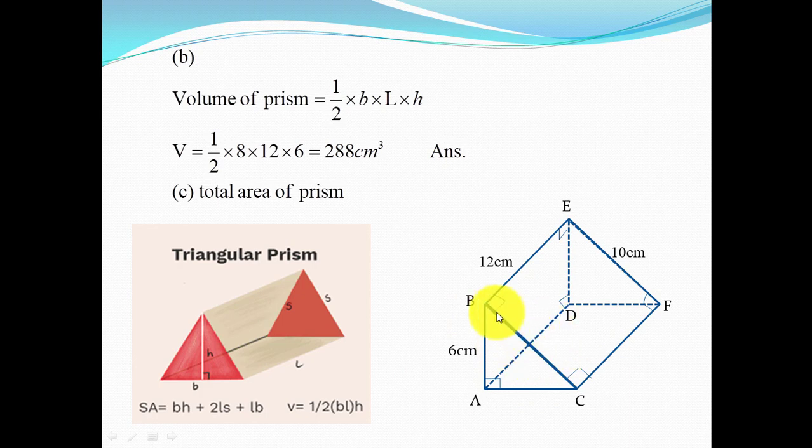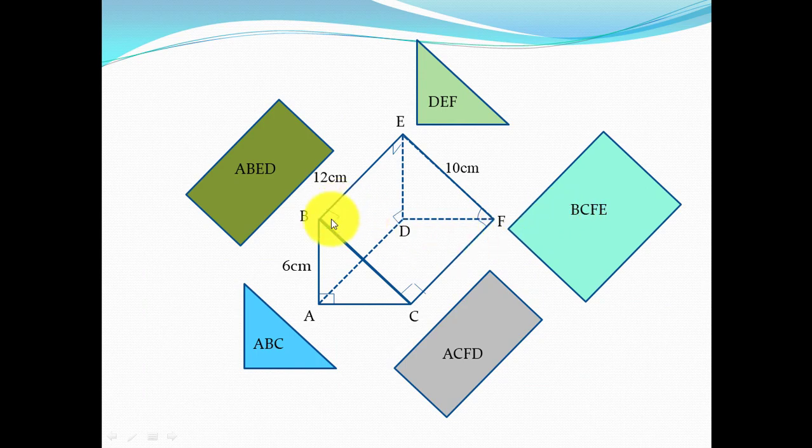Here we can see that this is a right triangle, this is not an equilateral triangle. So it means that the area of BCFE, this one BCFE, area of this rectangle and area of ABED are different, but in the previous picture we saw that these both rectangles have the same area due to the equilateral triangle.